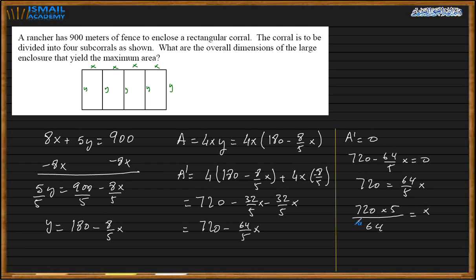If I simplify by 8 here, I get 450 over 8, my x. So if I do the division, so this is going to be 56.25 for the value of x.